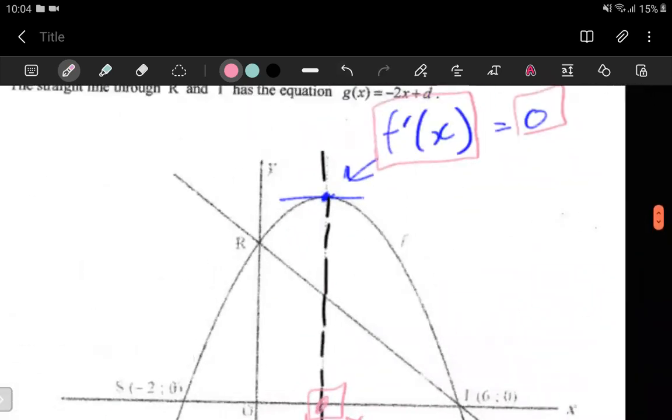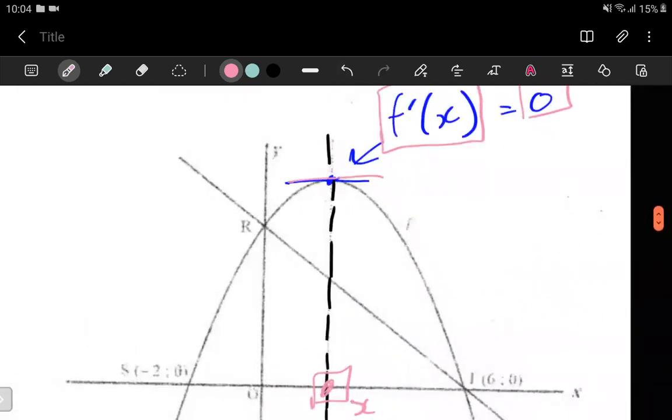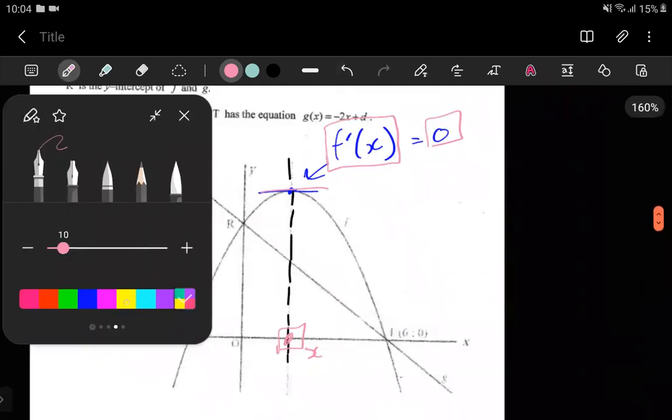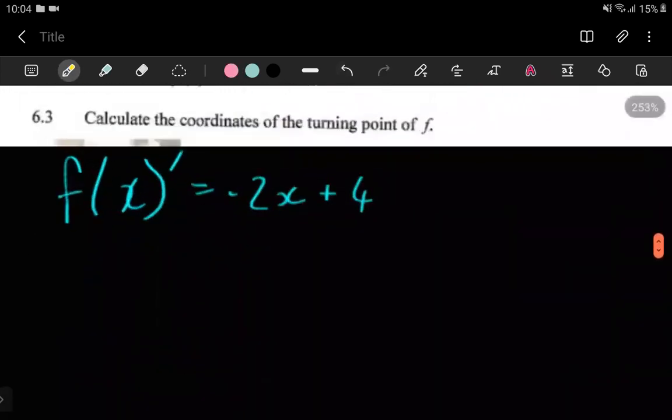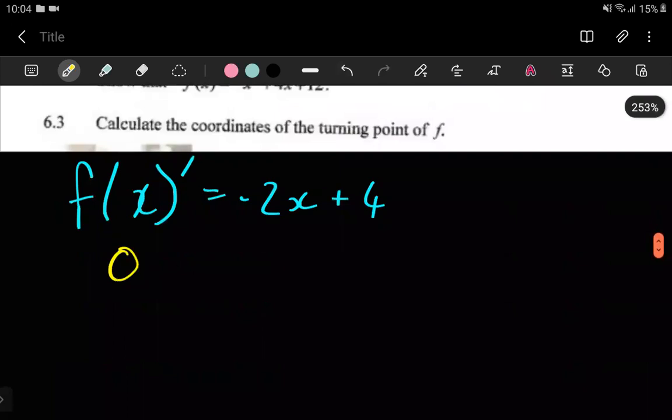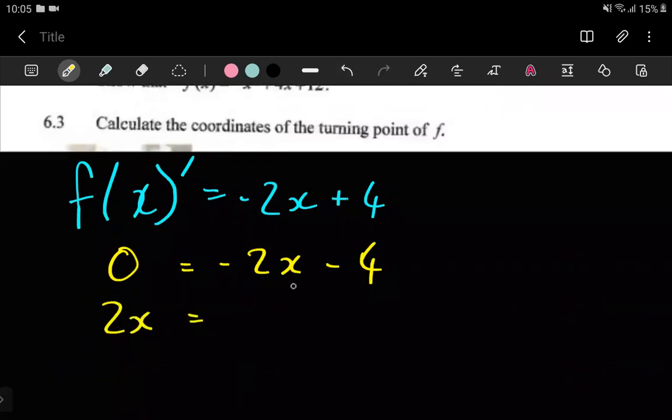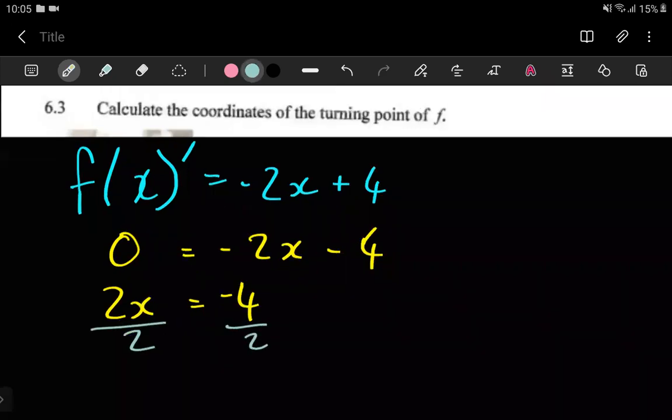Now we said our first derivative is a gradient equation. So in that gradient equation, we're making the gradient 0, and we're trying to find what x value we have where the gradient is 0. So here -2 goes over, becomes a plus. And then you're going to divide by 2 on both sides.